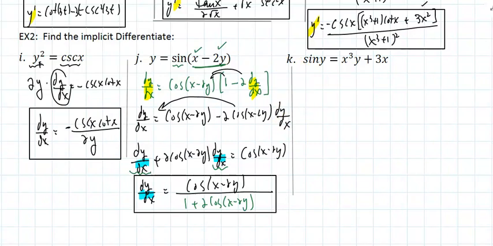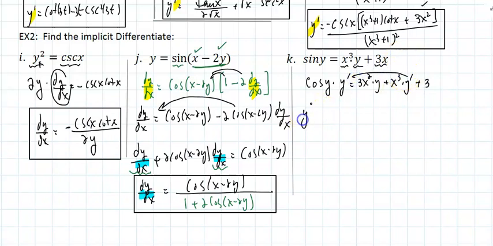And if I look at part K, the same deal, derivative of sine, that's the cosine of y, dy dx. You could start using y prime if you're really comfortable with that. Here we have the product rule, derivative of the first times the second, plus the first times derivative of y, which is y prime, and derivative of 3x is a 3. Remember, I need to get y primes on one side.